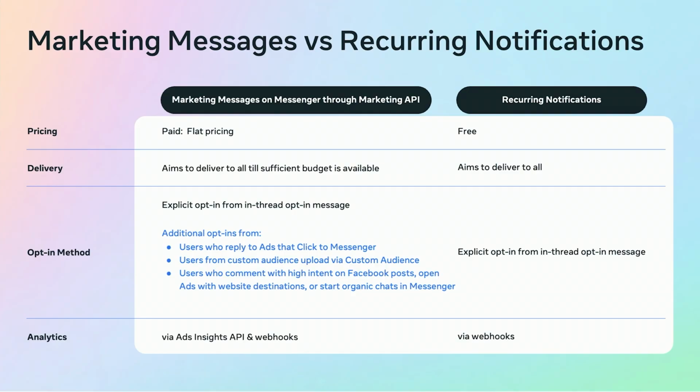Once users are subscribed, you can initiate marketing messages anytime, even outside of the 24-hour window. With marketing messages, you can get analytics and reporting not only via webhooks but also with Insights API.